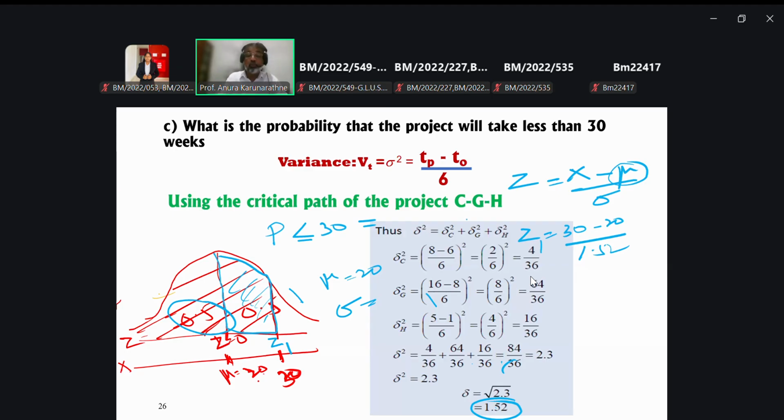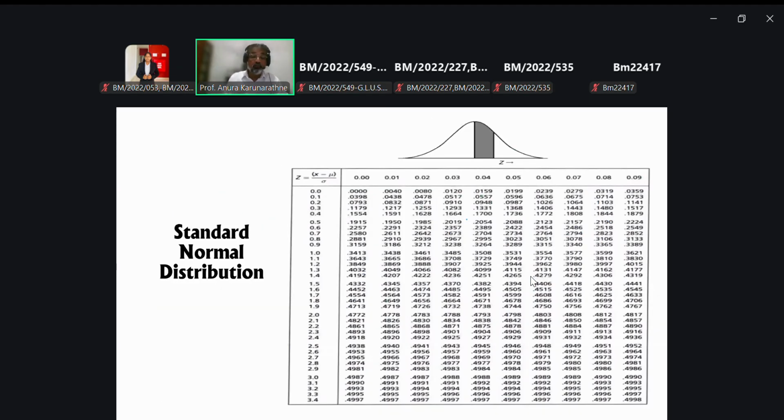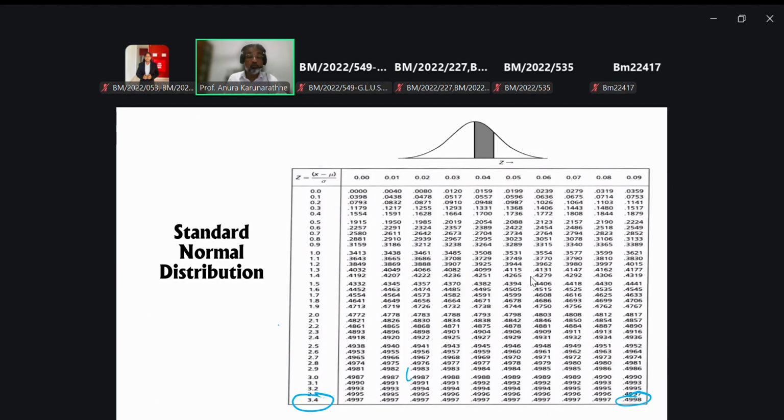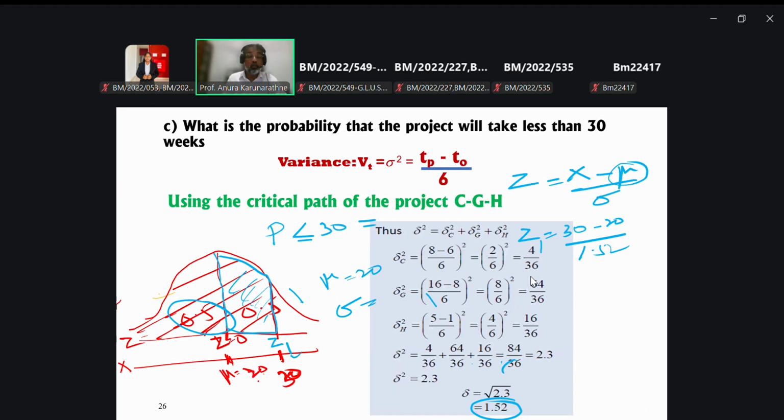Actually, you can go for the 6.5. Here you have no 6.5 in the table, so you can take the maximum value, 0.4998, right?